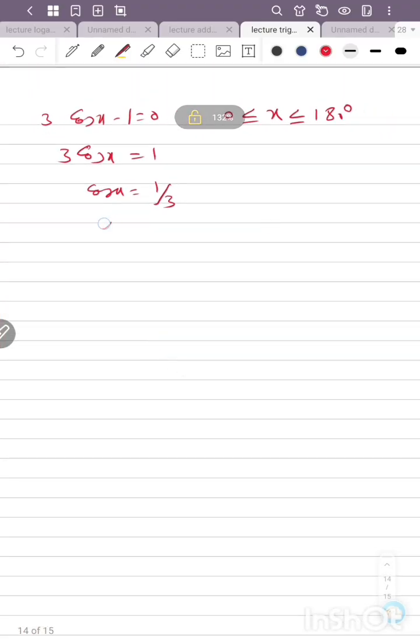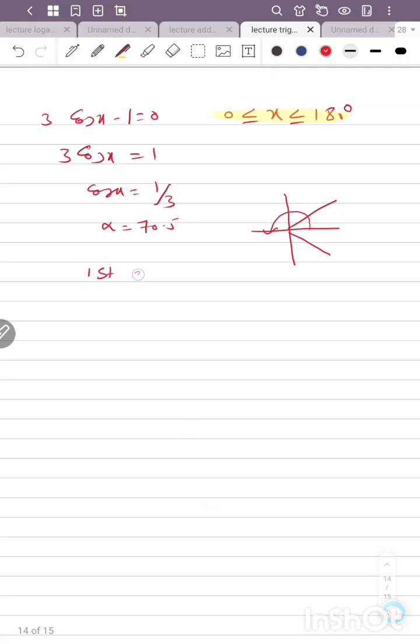Okay, here alpha we have 70.5. We know that cos is positive in first quadrant and fourth quadrant, but if you look at our interval, it tells us 0 to 180, so we don't need to go forward to the second quadrant. We don't need the third quadrant and fourth quadrant. We only focus on the first quadrant.